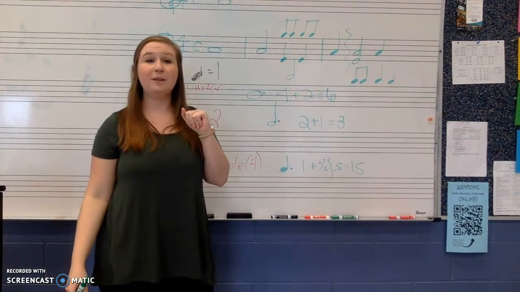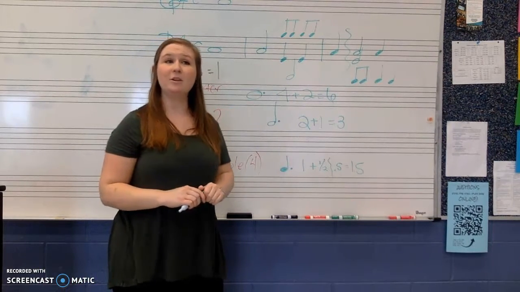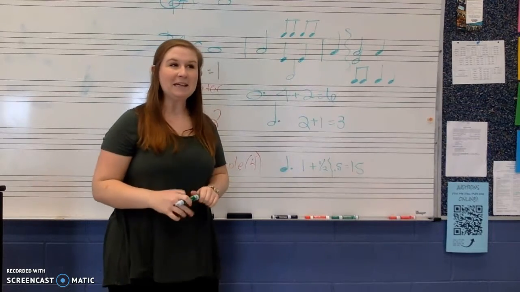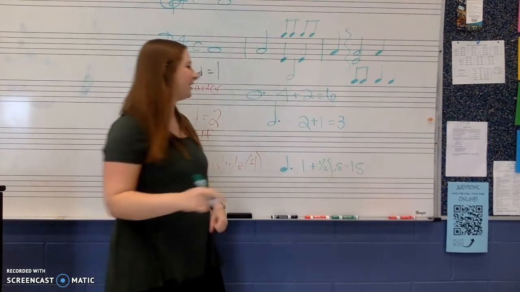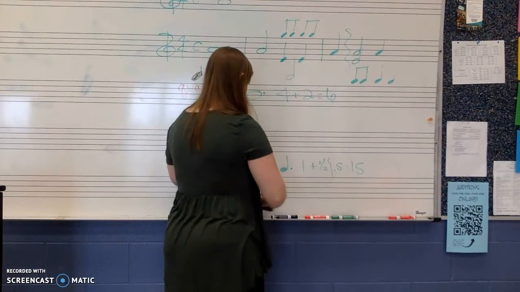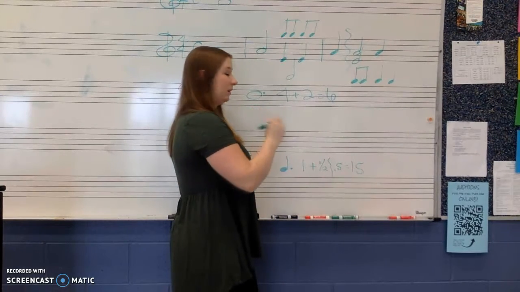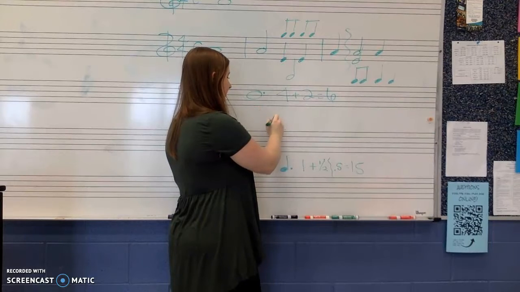Now if you want to get really fancy and you really like math, there is an algebraic equation for finding the value of a dotted note, and it would be this, okay? So our original note value would be x, okay?